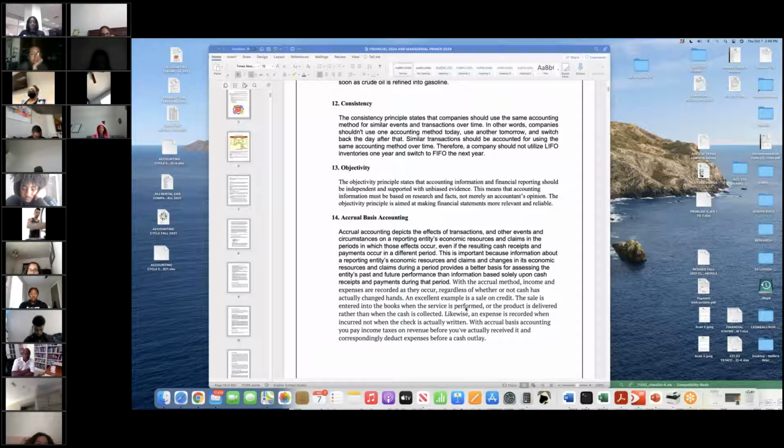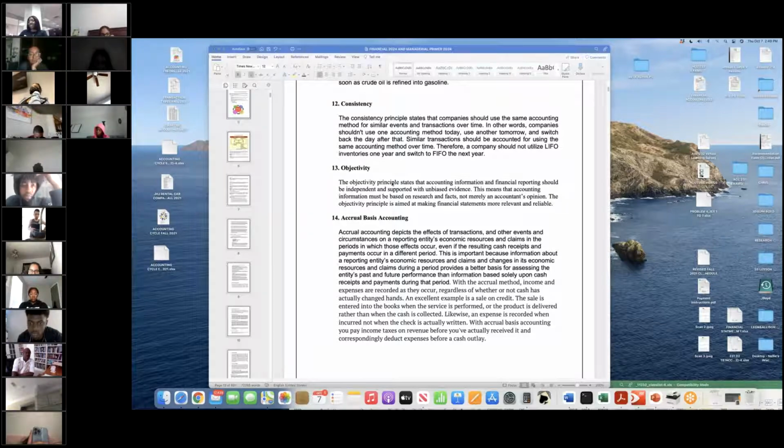That journal entry 15, we recognize revenue when it's earned, not when the cash is paid. That's accrual basis. The same thing with expenses. We're going to recognize expenses when incurred, not when they're paid.